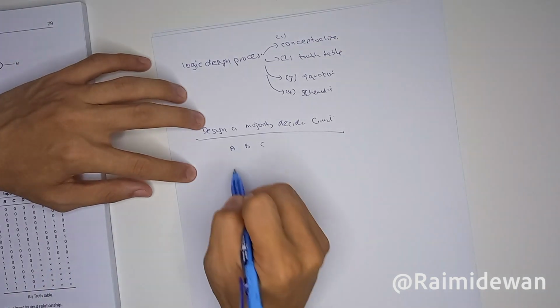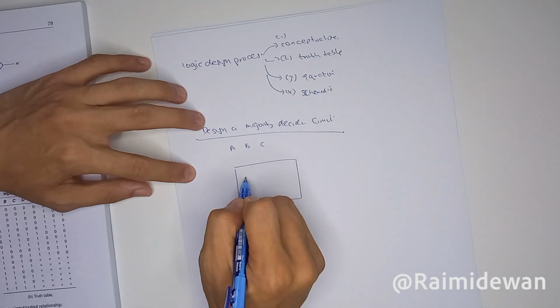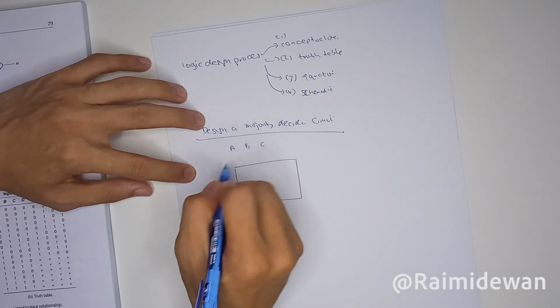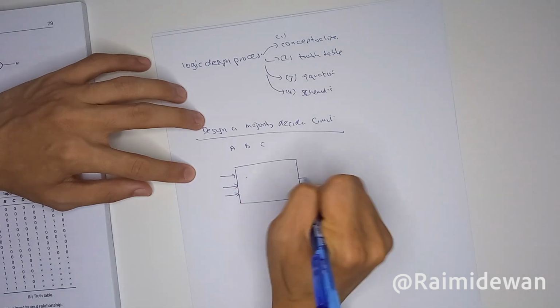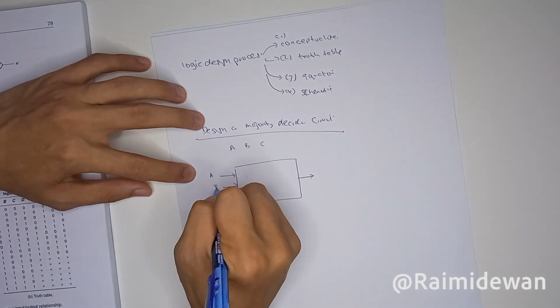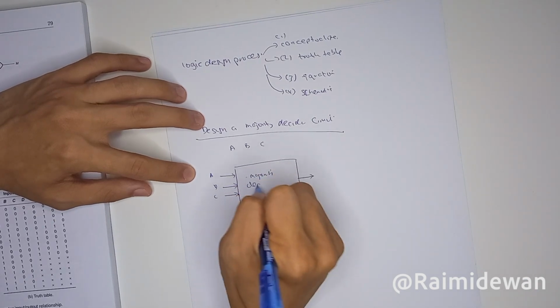Then you draw a box like this, because you don't know what is happening inside. You don't know what logic gates are involved inside, so you just draw it like this. You have your a, b, c. So this is the majority decider circuit.